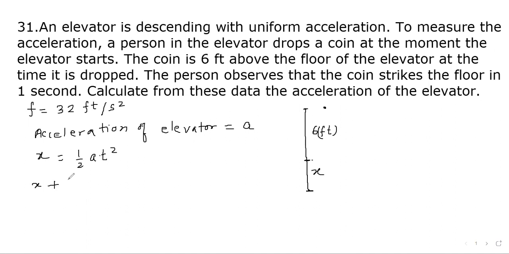So x plus 6 equals half into acceleration due to gravity, 32, times t square.